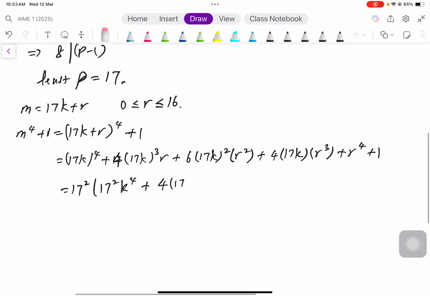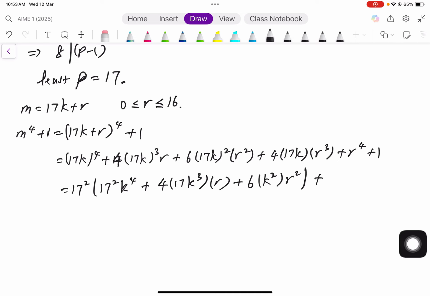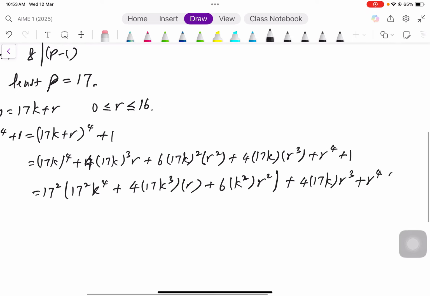Don't forget the k cube. Then the remaining part is 4 times 17k times r cubed, plus r to the power of 4, plus 1.